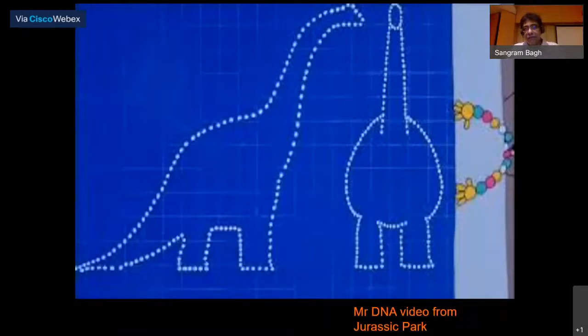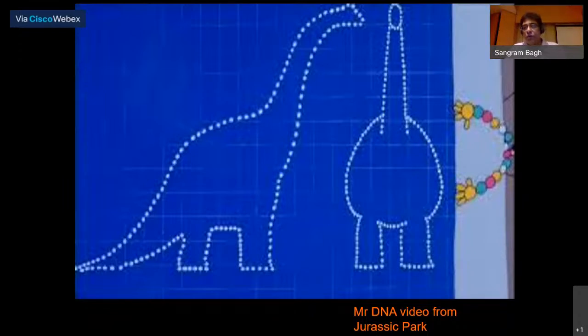So if you now come to the Mr. DNA video from Jurassic Park, if you have seen this movie, this Mr. DNA video talks about how they developed the dinosaur. As I told you, they got the dinosaur DNA and sequenced it, the full sequence, and from the sequence they synthesized the whole genome.